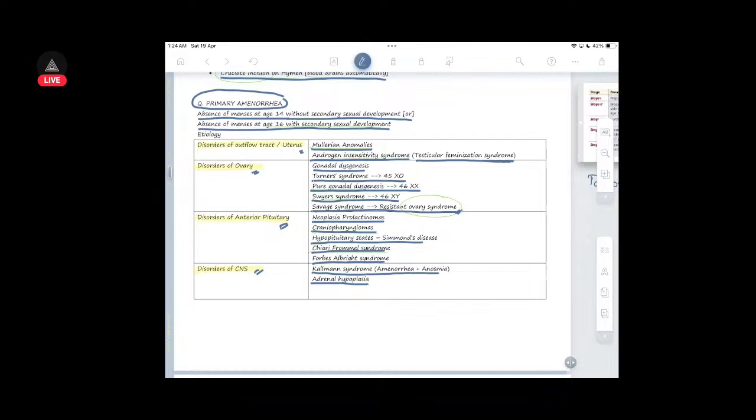So disorders of the outflow tract or uterus: Mullerian anomalies, androgen insensitivity syndrome, testicular feminization syndrome, gonadal dysgenesis, Turner syndrome, pure gonadal dysgenesis, Savage syndrome. Savage syndrome is resistant ovary syndrome.